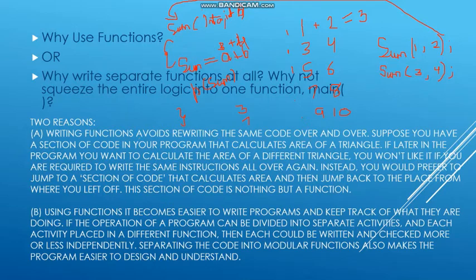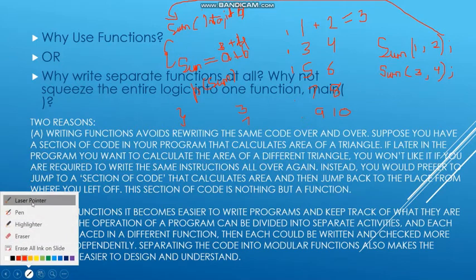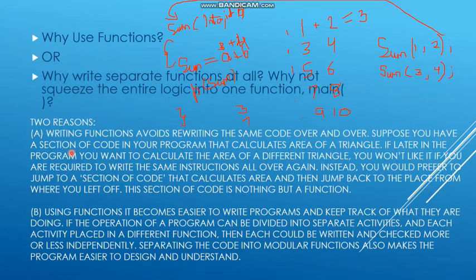Suppose you have a section of code in your program that calculates the area of a triangle. Now they have taken the example of the area of a triangle. I have explained it to you with the sum, right?